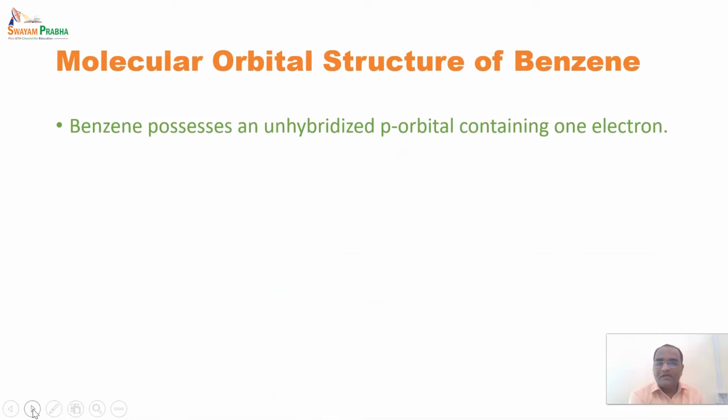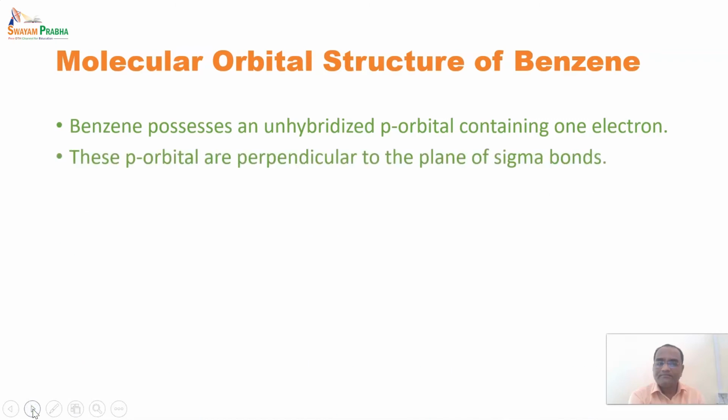Benzene possesses an unhybridized p orbital containing one electron on each carbon. These p orbitals are perpendicular to the plane of the sigma bonds. Here we are only seeing the p orbitals.